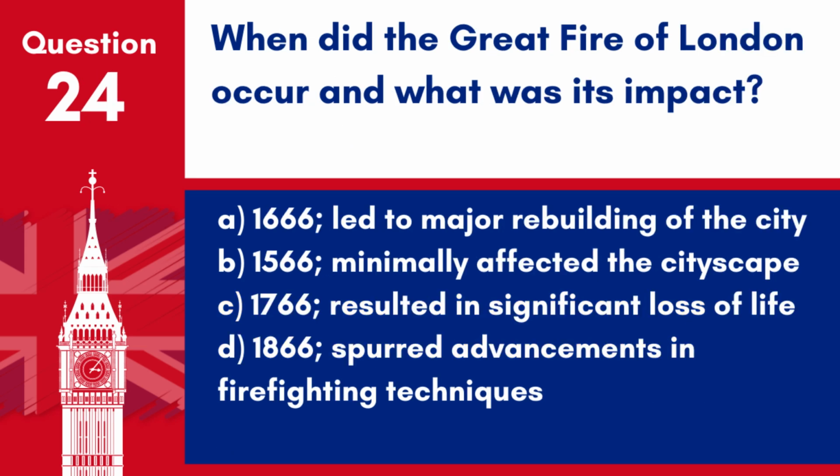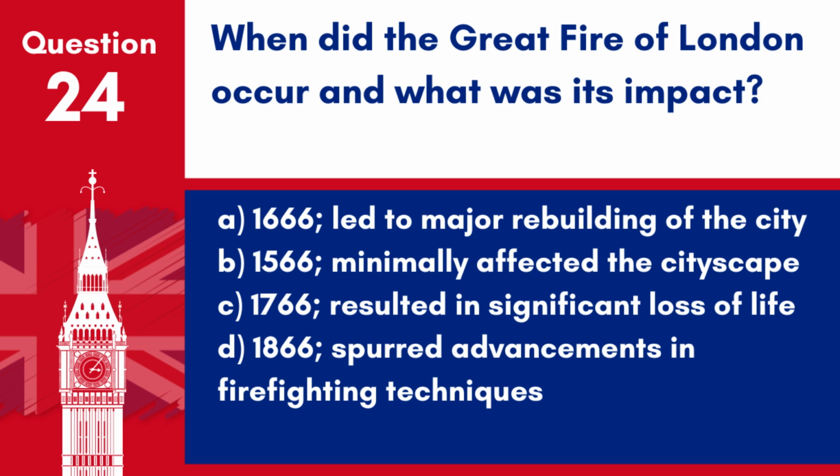Question 24. When did the Great Fire of London occur and what was its impact? A. 1666, led to major rebuilding of the city. B. 1566, minimally affected the cityscape. C. 1766, resulted in significant loss of life.